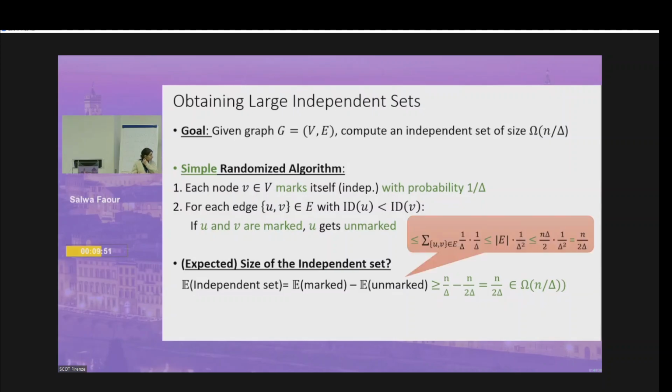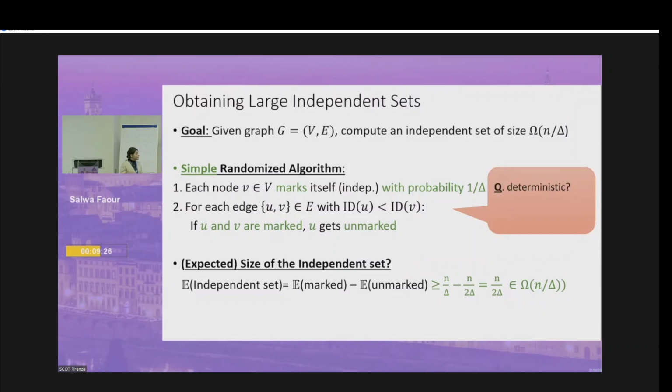To see this, just think of every edge where both of the endpoints are marked. For every such edge, we have to unmark a node. So we can upper bound this term by the sum over the edges of the probability of an edge having both nodes marked, which gives us, by simple calculation, n over 2 delta, and thus achieving our goal of having an independent set of such a size in expectation, which we really don't find so interesting.